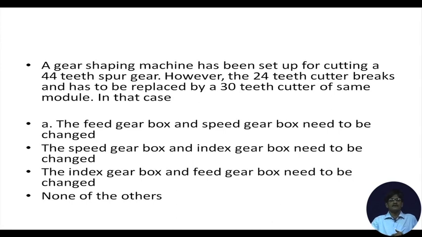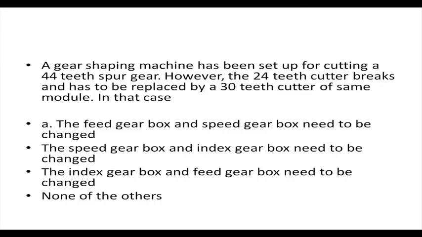Second, if the number of teeth of the cutter is changed, we have previously learned that US will change. Why? Because US is equal to a constant multiplied by module and also the number of teeth on the cutter and also the feed.